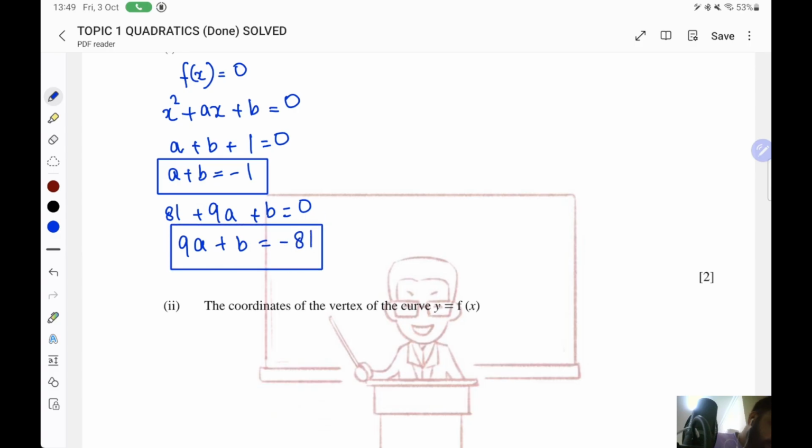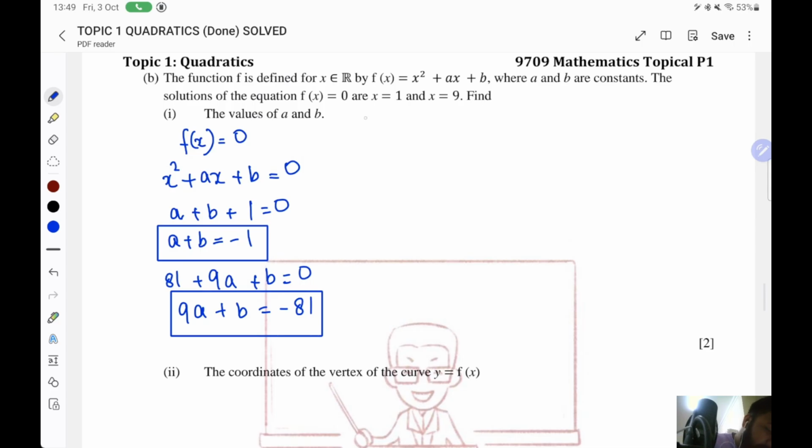Now you'll simplify the two simultaneous equations to find the values of a and b, which will make this one as 9a. Let me write it here, 9a plus 9b, and it will be equals to minus 9. The other one is already having the coefficient as 9.